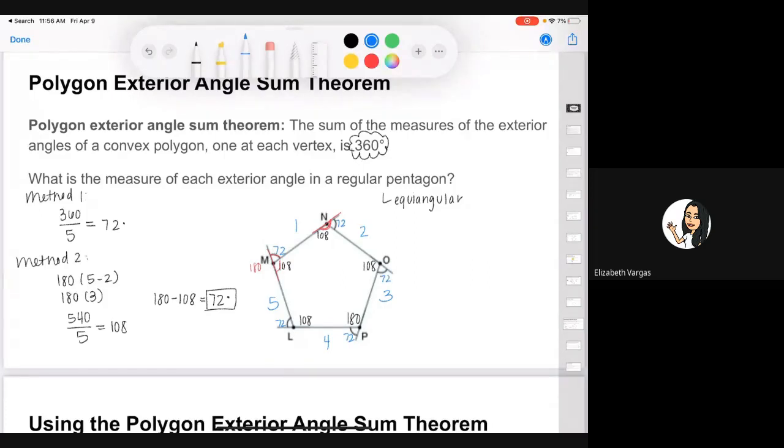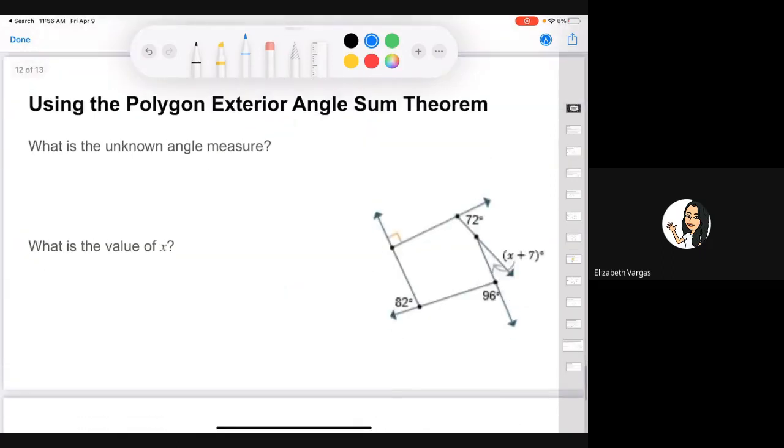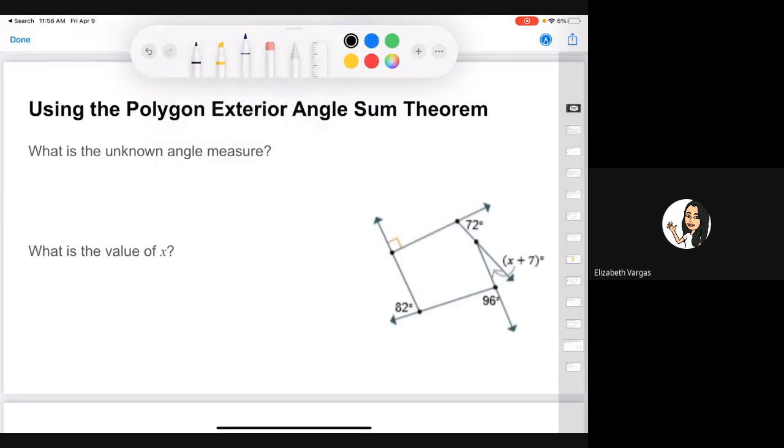Okay. Any questions about this? So what if I have something like this? What is the unknown measure? Well, this is 90. So I'm looking for the measure of this angle right here. What do I know about the exterior angles of polygons? The exterior angles of all polygons add up to 360 degrees.